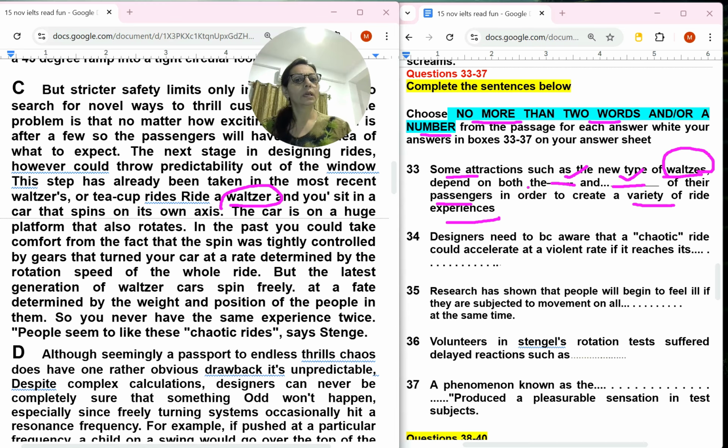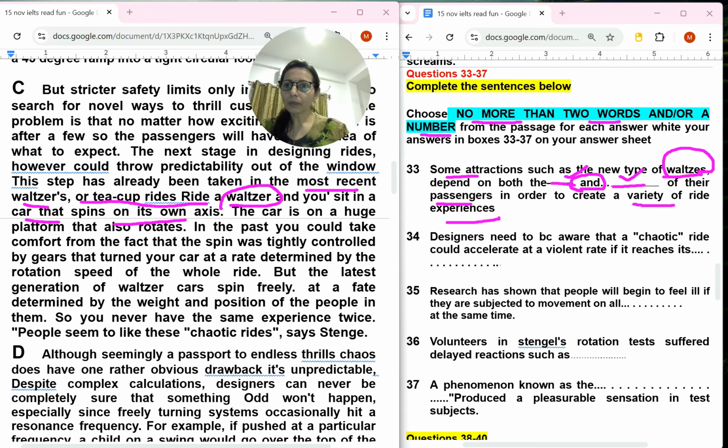Some attractions such as the new type of waltzer. This step has already taken the most recent waltzer. Most recent means new type, or teacup rides, a waltzer that you sit in a car that spins on its axis. So we are looking at the waltzer; after the comma, depend on both. Two things will be there, and this will be helpful in getting the correct answer, along with passengers.